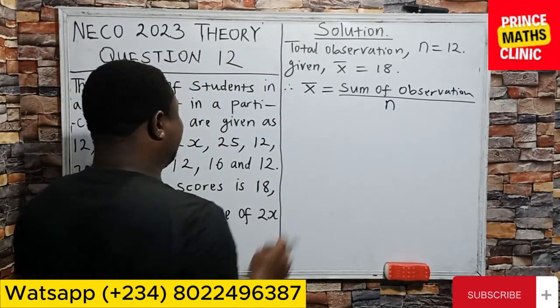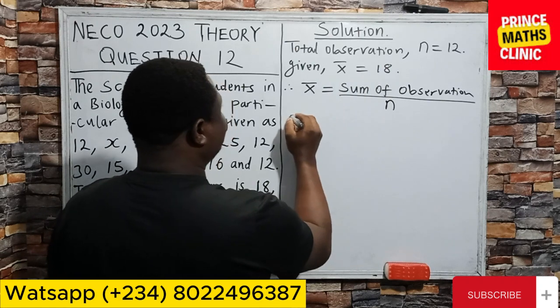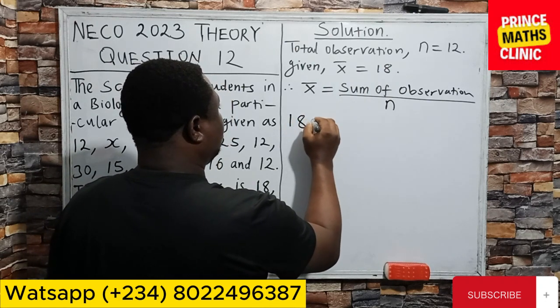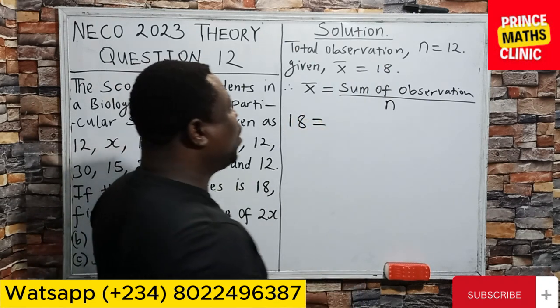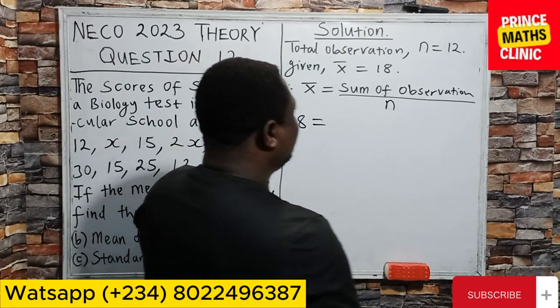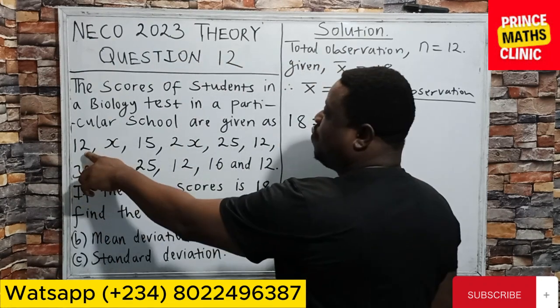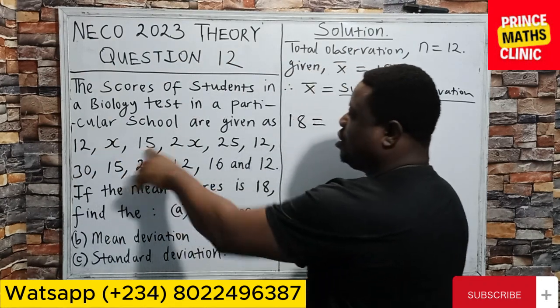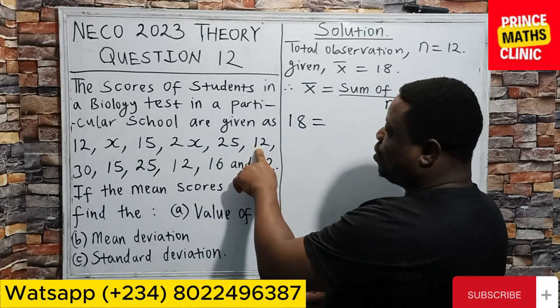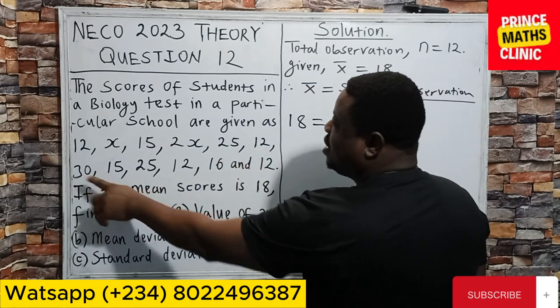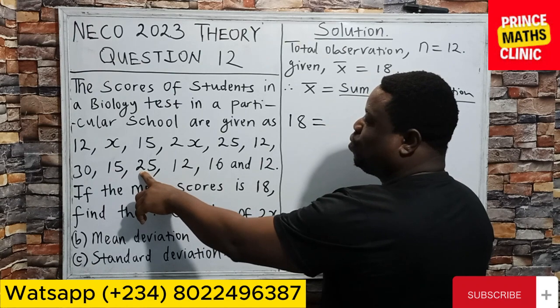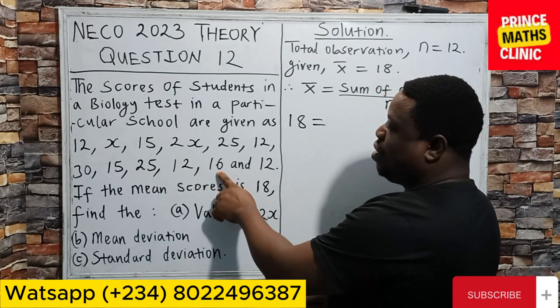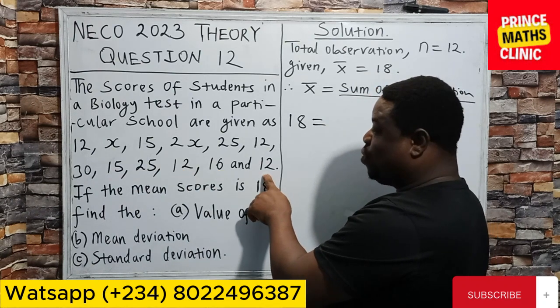So our mean here is 18. The sum of all the observations is 12 plus 15 plus 25 plus 12 plus 30 plus 15 plus 25 plus 12 plus 16 plus 12.